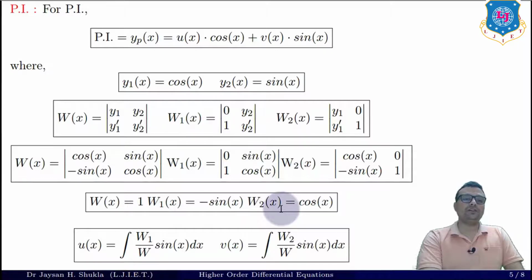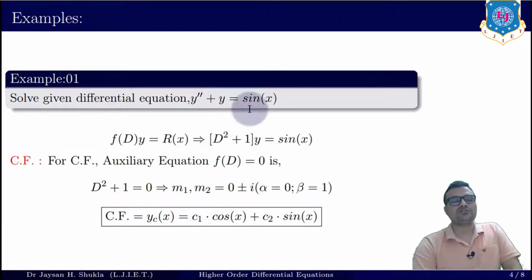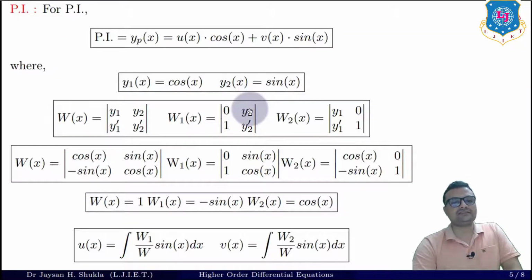Now the formula for u and v is given by u as the integral of W1 by W into sin x dx. Now this sin x is the right-hand side function R(x). There is no relation of this sin x with y1 or y2.